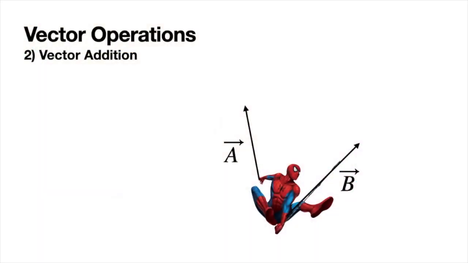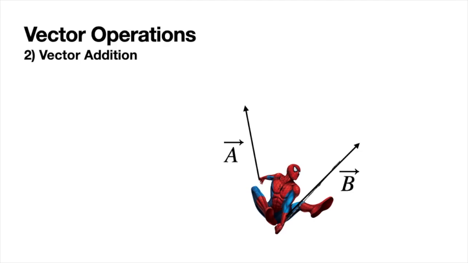Okay, the second mathematical operation related to vector is vector addition. What is so special about adding vector is you cannot simply add vector quantities similar to adding scalar quantity. It's not like 2 plus 2 equals 4 kind of solution. You have to remember that vector is a quantity which is also defined by its direction.